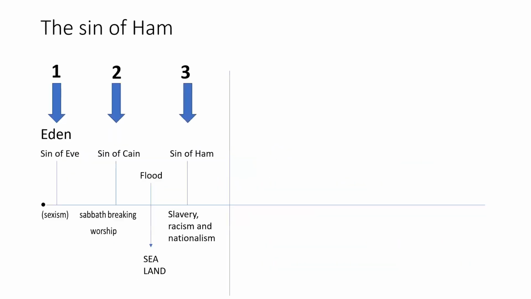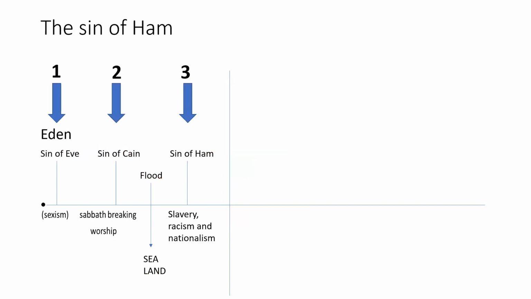So we've talked about the sin of Ham, and now this is how it looks. This is ancient Israel, right? And we are seeing these three sins and their effects. The first sin is the sin of Eve in Eden, the effect of which is sexism.